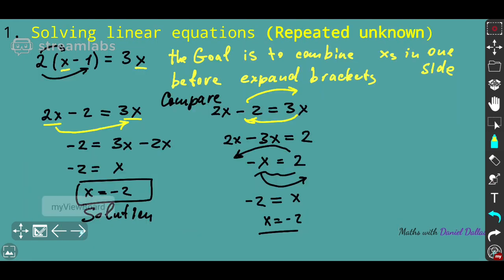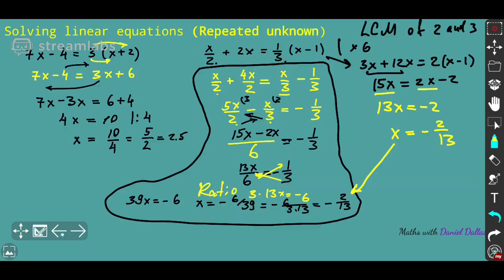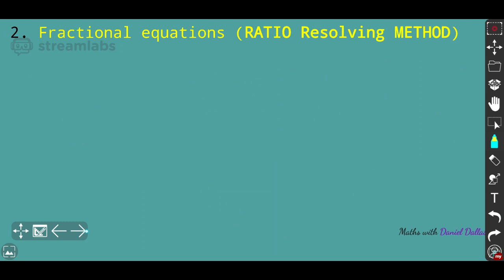Okay, so we're coming back to solving linear equations, and right now, as you can see, we recapped how to work with repeated unknown variables and how to solve basic linear equations. Now we want to know how to cope with fractional equations. This is a ratio resolving method, the method that you apply when solving ratios.